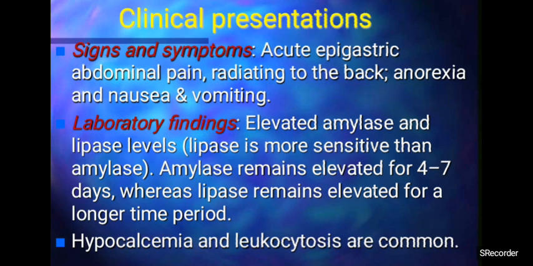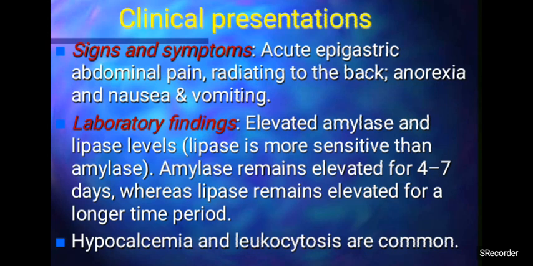The patient will also present with anorexia, that's loss of appetite, and you can see nausea and vomiting. So when a patient tells you they have acute epigastric and abdominal pain and the pain is radiating to the back, the first thing that should come to your mind is that there are high chances of a pathology of the pancreas, so you would think of pancreatitis.